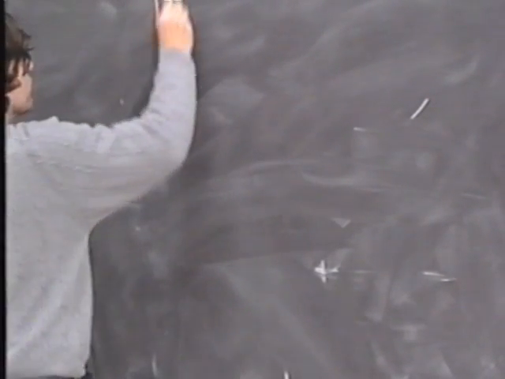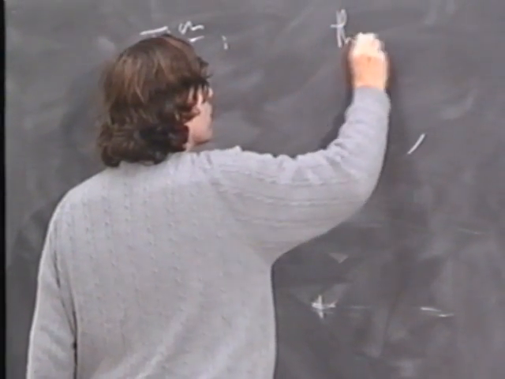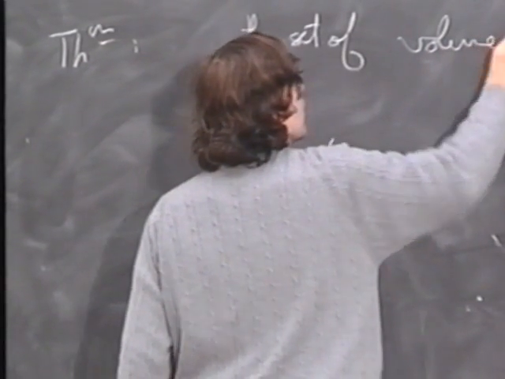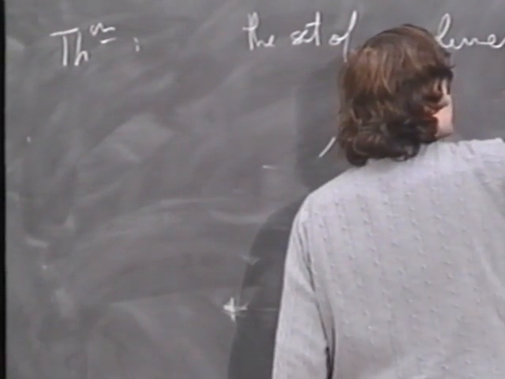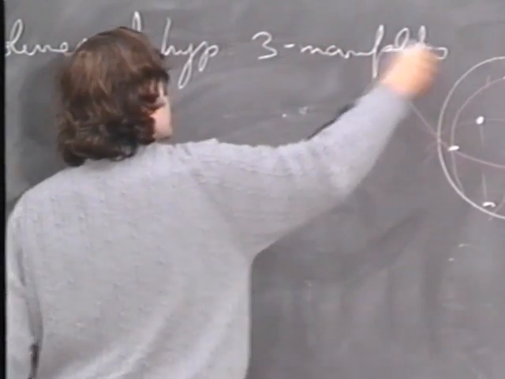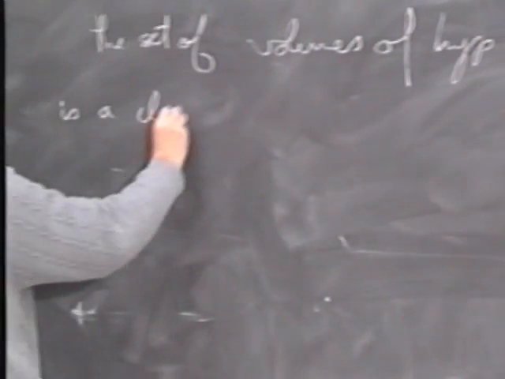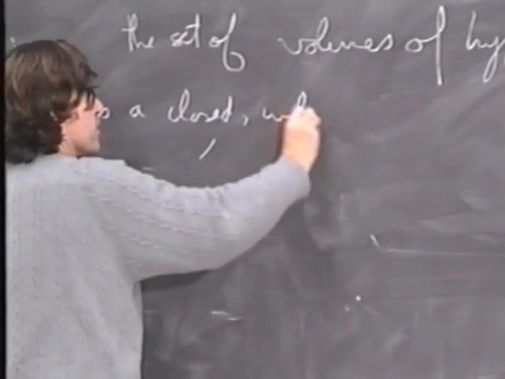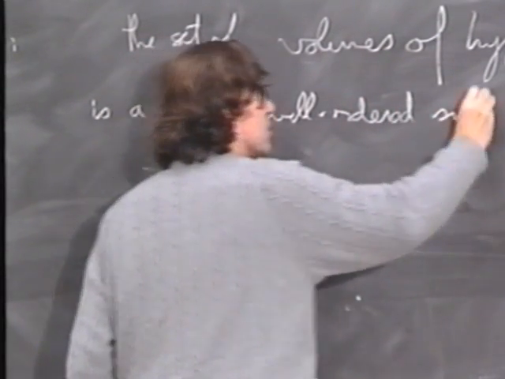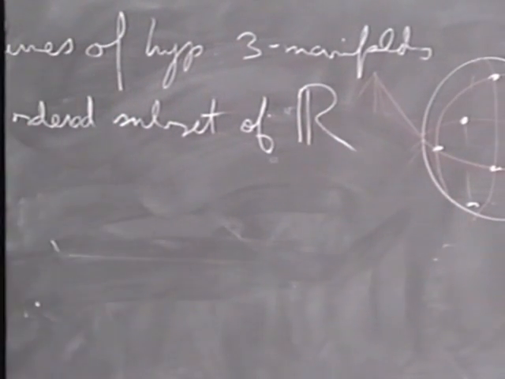So here's a theorem. The set of volumes of hyperbolic 3-manifolds is a closed, well-ordered subset of the real numbers.